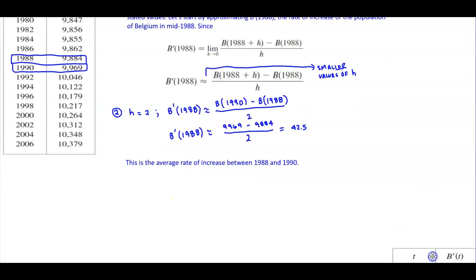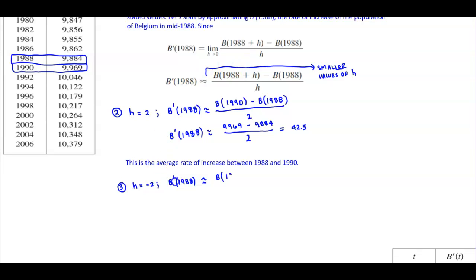So now let's see what happens when we let h equal negative 2. When h is equal to negative 2, we now have b prime of 1988, which is approximately b of 1988 plus h, which is 1988 minus 2.